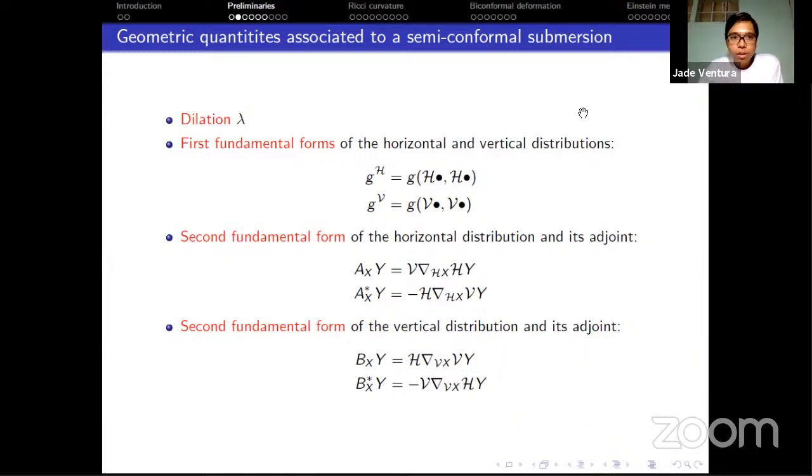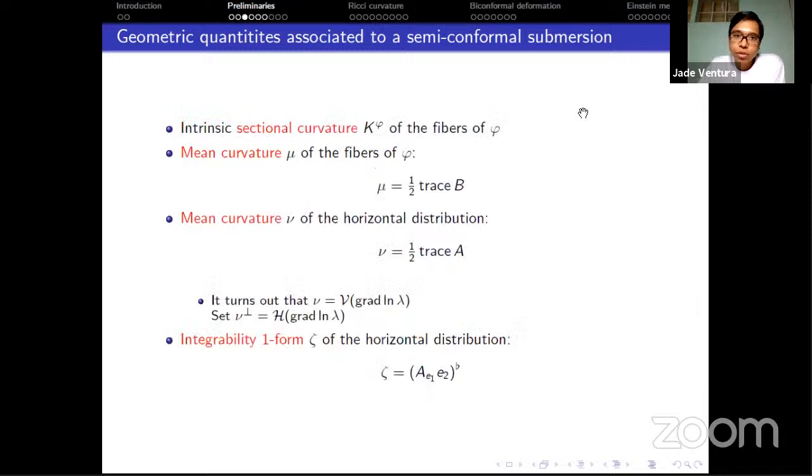Continuing with the geometric quantities, we also have the intrinsic sectional curvature of the fibers of phi, Kc. The mean curvature vertically, that is 1/2 the trace of B, we denote that by mu. The mean curvature horizontally, we denote that by nu. And it turns out, using a later computation, that this mean curvature nu is related to the dilation lambda.